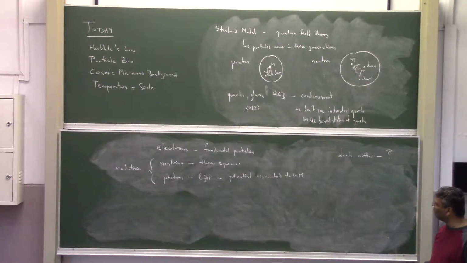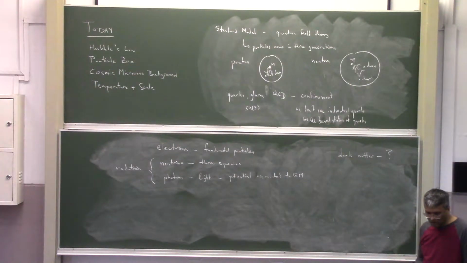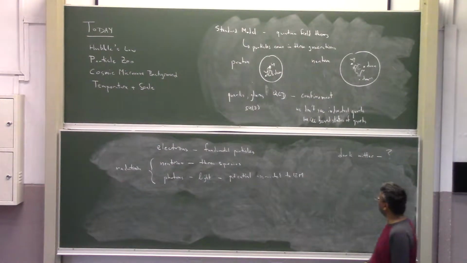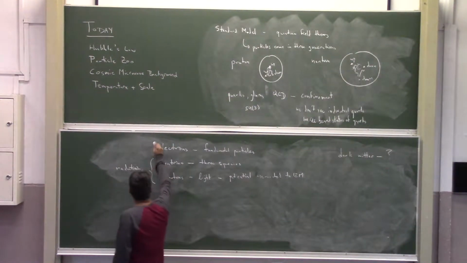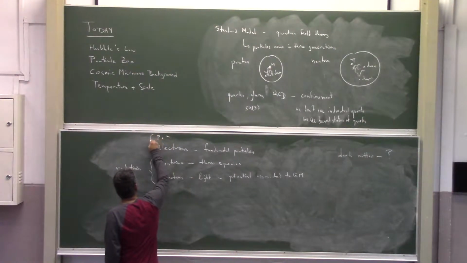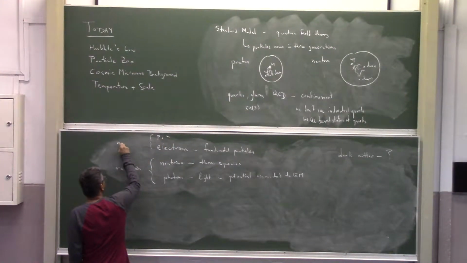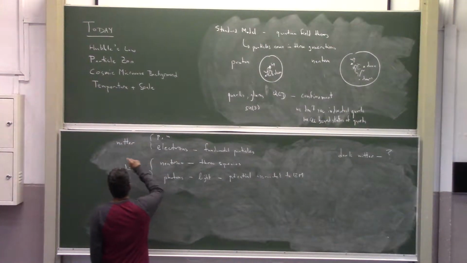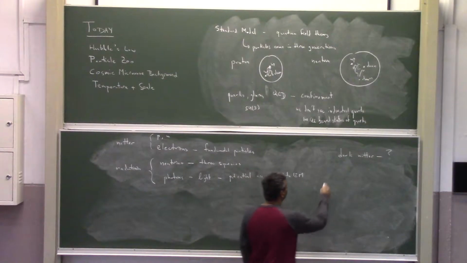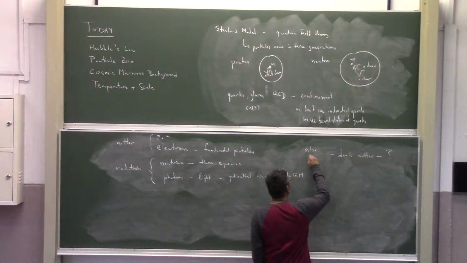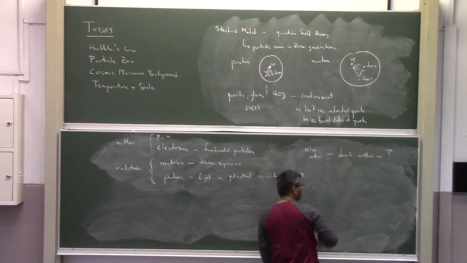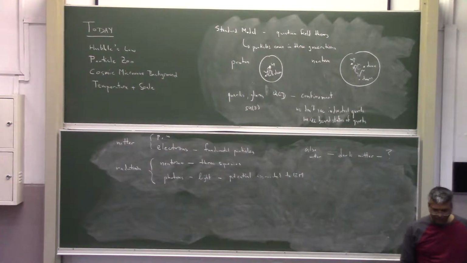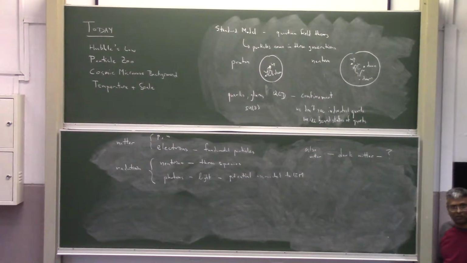So we classify neutrinos and photons as radiation. Everything else, the protons, the neutrons, and the electrons we will classify as matter, and also the dark matter is matter. By matter, we just mean stuff that has a gravitational response that doesn't move relativistically.